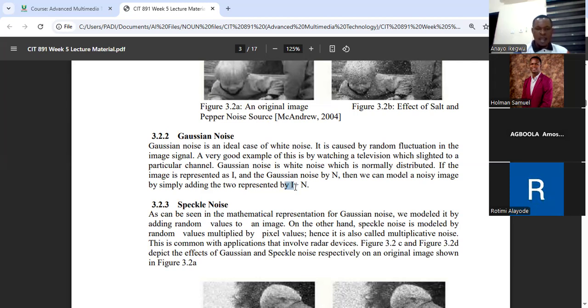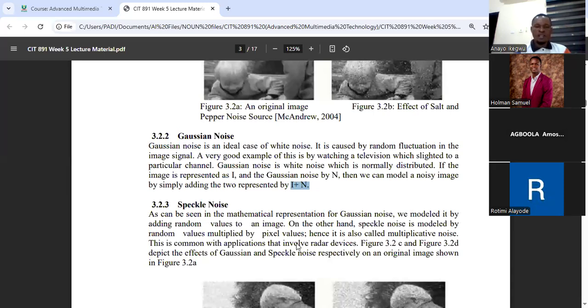If you are asked to explain what Gaussian noise is, you can use the formula to explain it mathematically by saying Gaussian noise is a white noise which is normally distributed. For example, I plus N, where I is the image and N is the Gaussian noise. You are done with that and you have your full score.